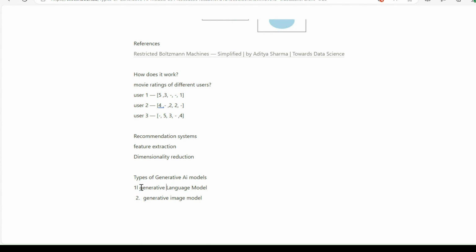When it comes to generative image models, they produce new images using techniques like diffusion. Given a prompt or related imagery, they transform random noise into images or generate images from prompts.